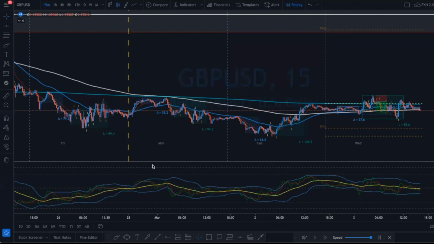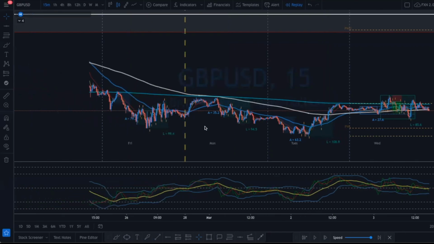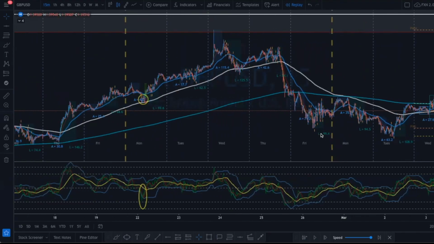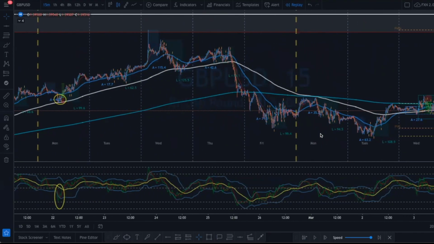The majority of this stuff you guys can do literally offline. You don't need to be up for London or anything like that. The only time you need to be up for London is when you're actually doing live trading. That makes sense?